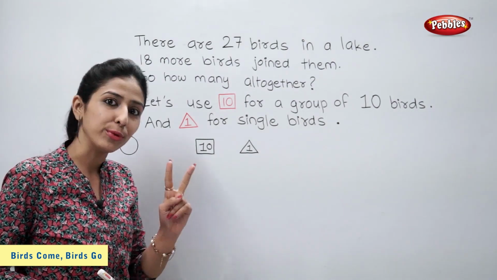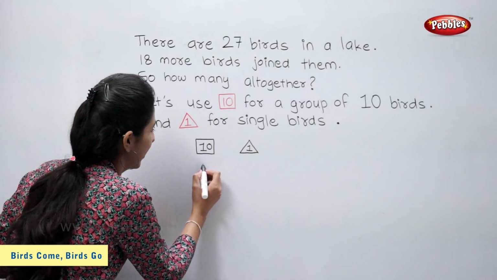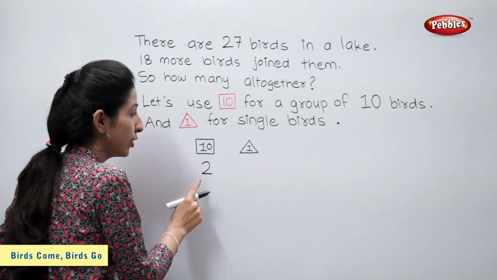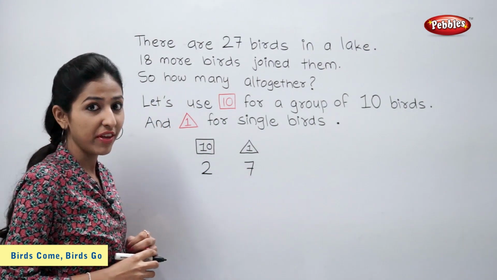27 means 2 tens and 7 ones. 2 tens, 7 ones.